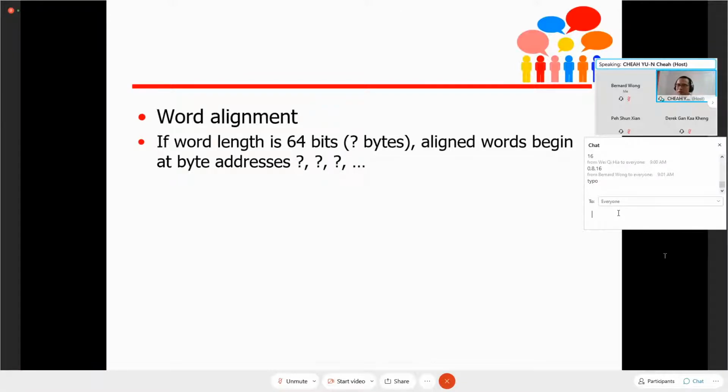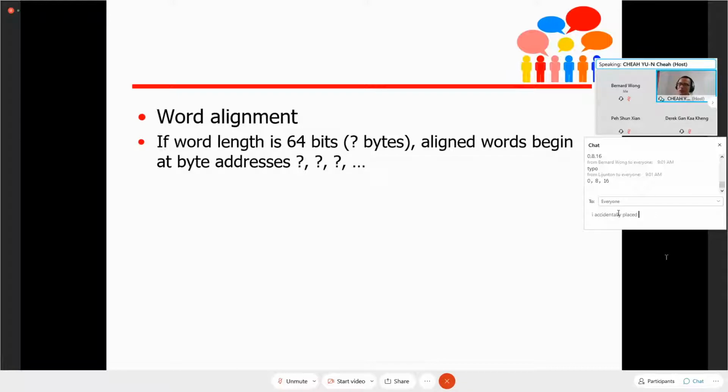Okay, I saw somewhere 0, 9, 18. That is not accurate, Bernard. Why? Because 0, 1, 2, 3, 4, 5, 6, 7. Up to 7 is already 8 bytes. So your next address will need to start from 8, not 9. If your next address starts from 9, that means you already have 9 bytes in that word.